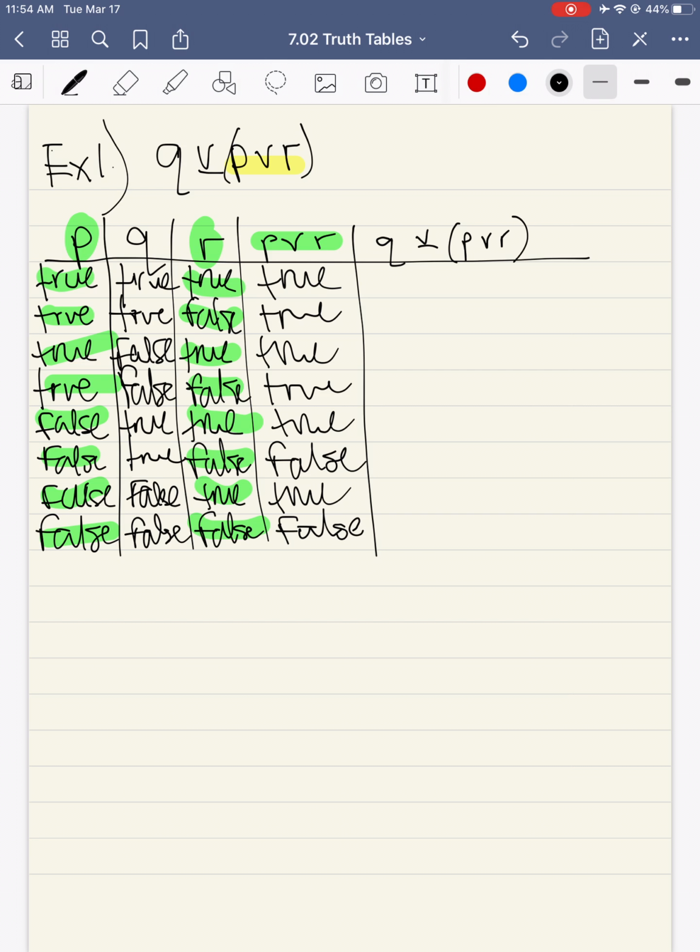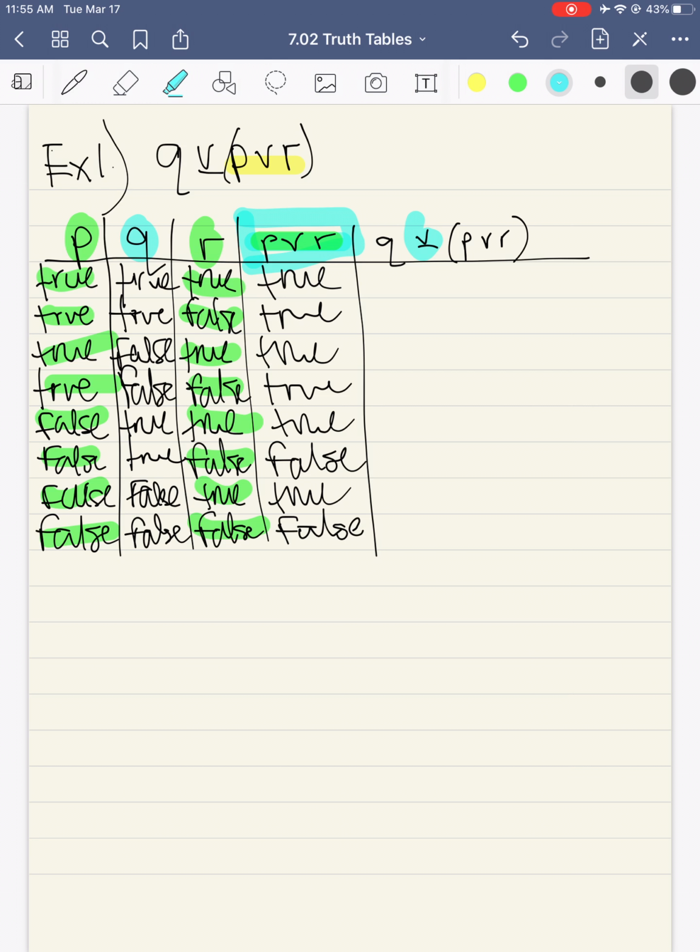So now, when I want to build this last column, I'm looking at Q. And then now I'm looking at exclusive or for this column here. So now I'm going to look at these and I'm going to build the last column based on these 2 columns. So remember, my logical connective is exclusive or, so I need to think about when exclusive or is true and when it's false.